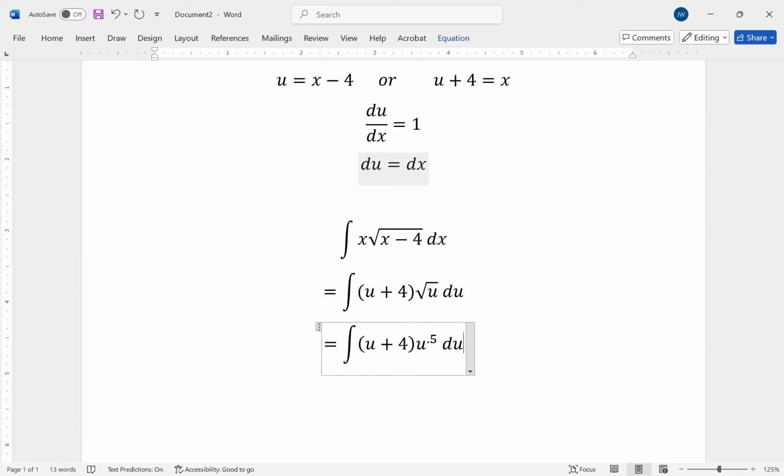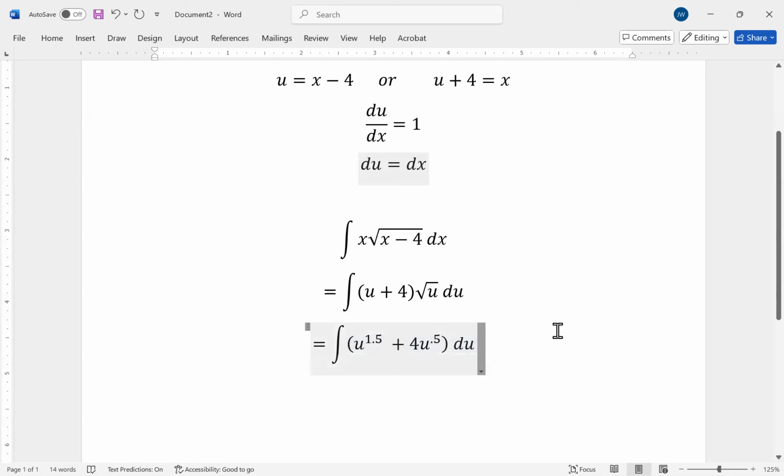And then I'm going to distribute that u to the 0.5 in. U times u to the 0.5 is going to be u to the 1.5 power. Four times u to the 0.5 is just 4 times u to the 0.5.